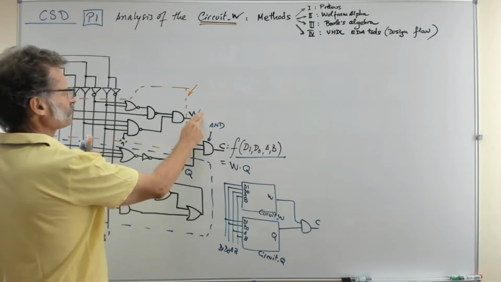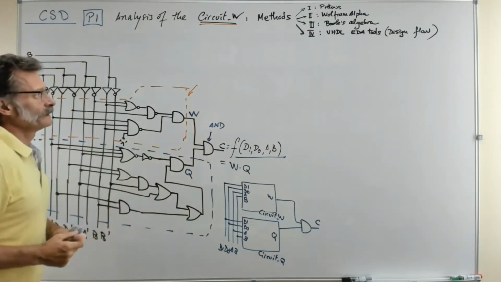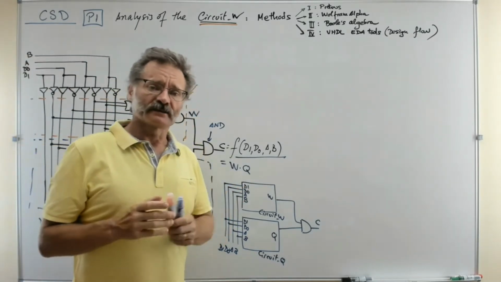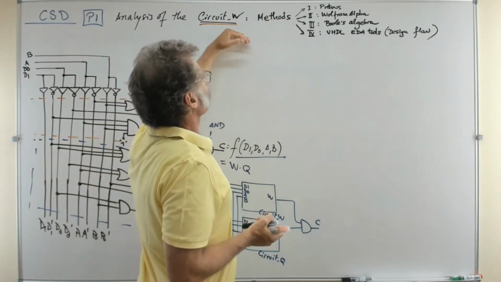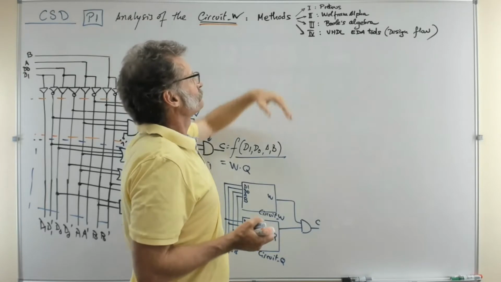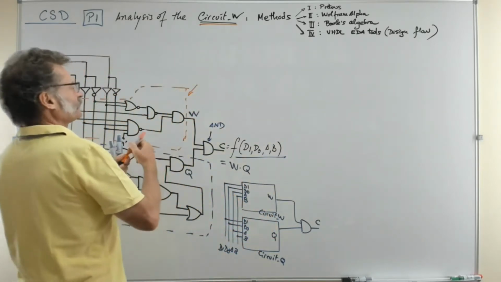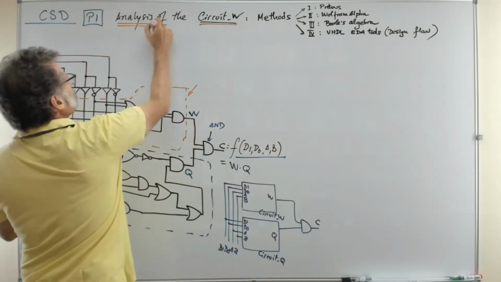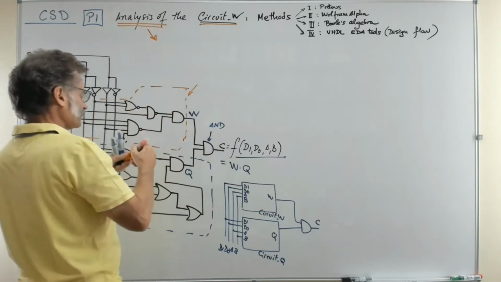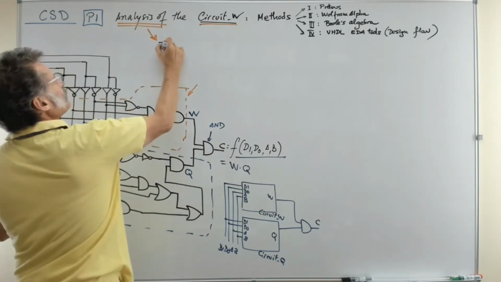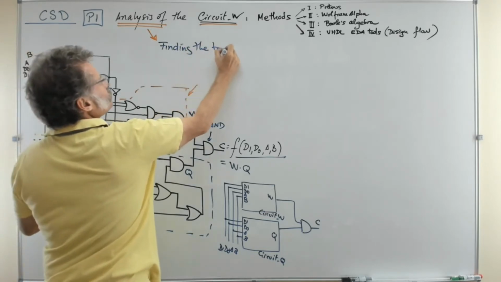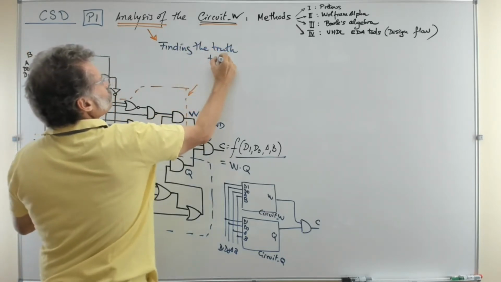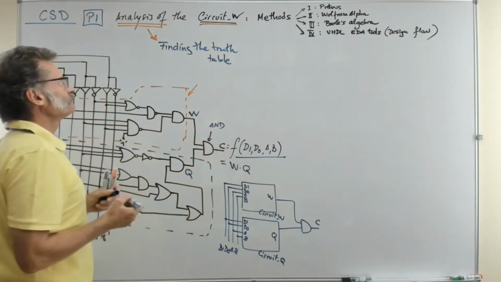So in the end you have an output W, and as you see in the course, we are going to solve this analysis by means of several methods, okay? So analysis means finding the truth table, all right? This is what we have in mind.